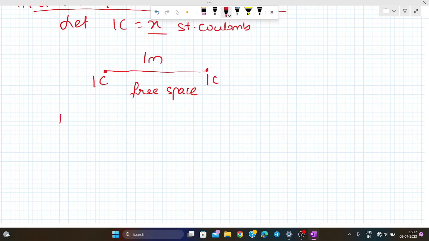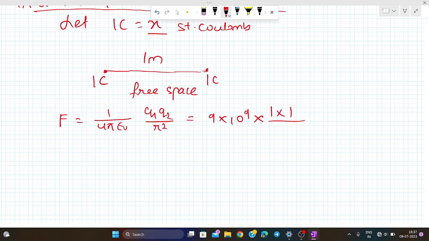So what is the force between the two charges? F is equal to 1 by 4 pi epsilon naught q1 q2 divided by r square. This will become 9 into 10 to the power 9, as we are talking about free space, the magnitude of charge is 1 and 1, and we have 1 meter square. It will become 9 into 10 to the power 9 Newton.